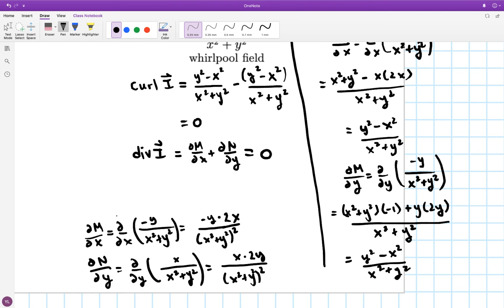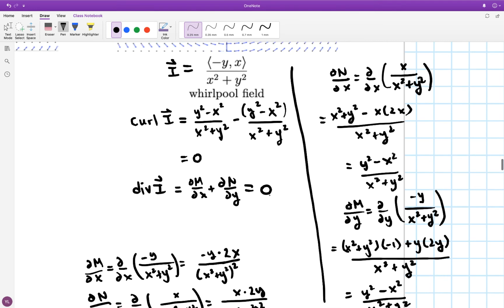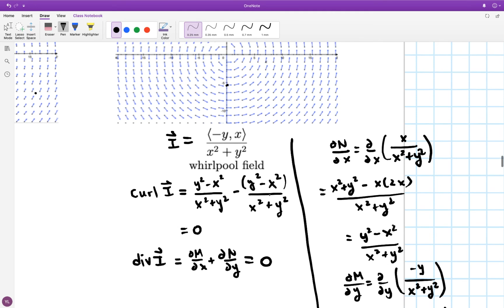Okay, after computing the partial derivatives, I see that dm/dx is the opposite of dn/dy, and when you add them together, you get 0. So I'm getting no divergence anywhere, and it's sort of for the same reason. You've got unit flow coming into the point, and you have unit flow going out of the point. So there's no net divergence away from the point or into the point.